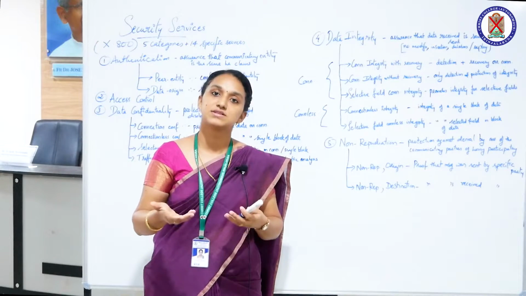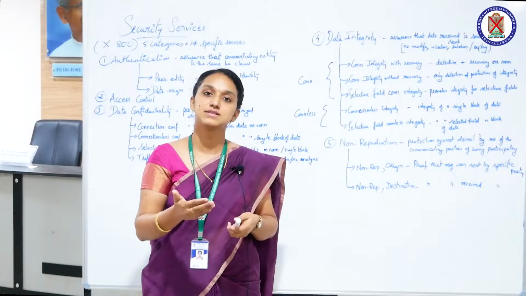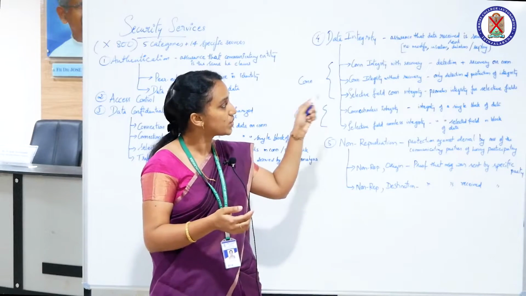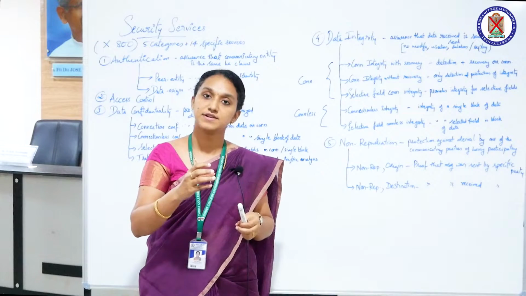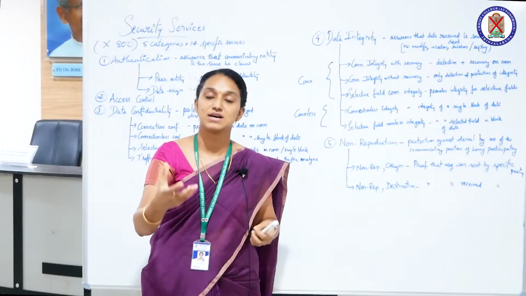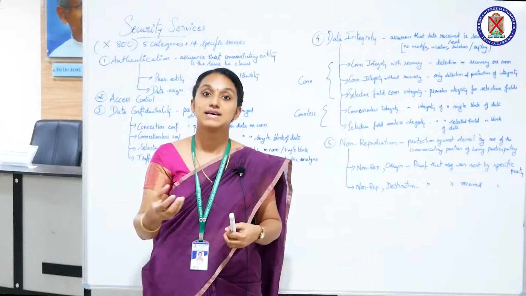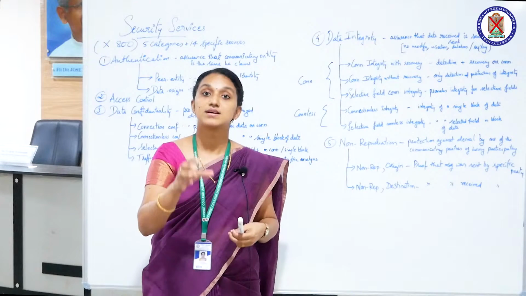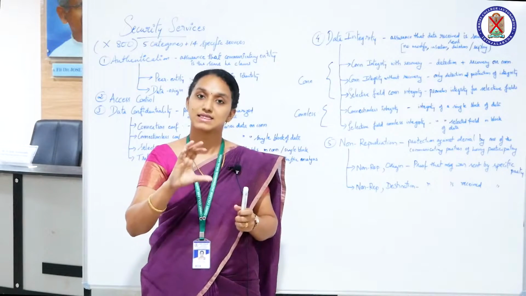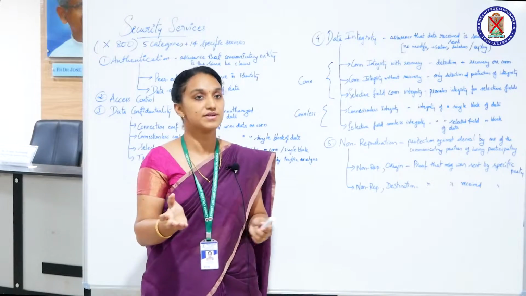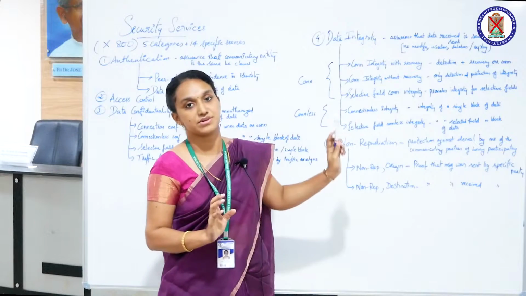Both actually function the same, but the main difference is that in connection integrity with recovery, the data's integrity is preserved, and if by chance any modification is found, it is detected with recovery attempts. So you can recover the data also, and that provision is provided in connection integrity with recovery.